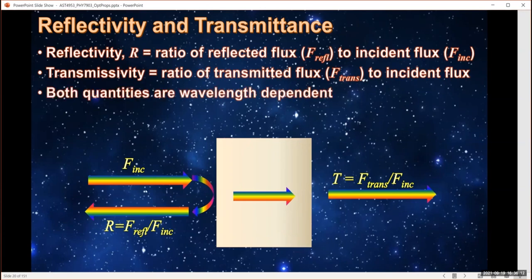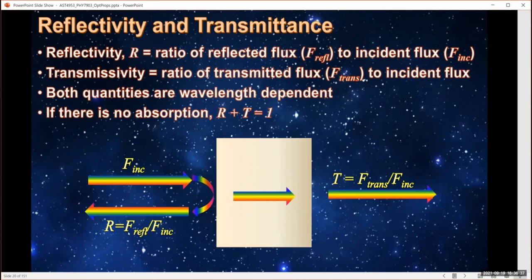Now, both of these quantities are going to be wavelength dependent. Remember that if I was wearing a red t-shirt, then it would be strongly reflecting red light and not reflecting the non-red light. If there is no absorption, so if the light passes through this material without being absorbed at all, then the reflectivity and the transmissivity should add up to 1.